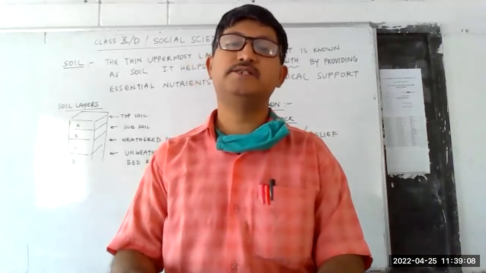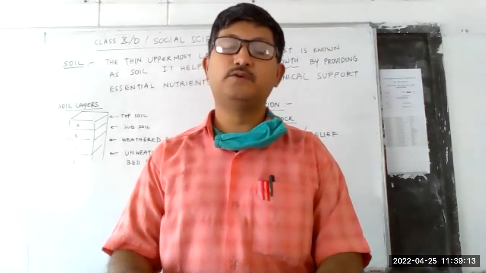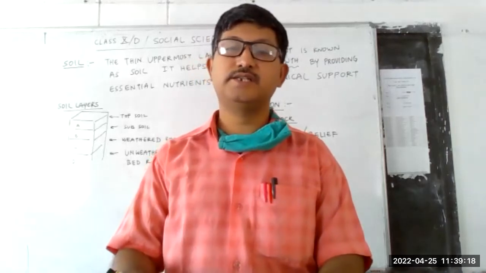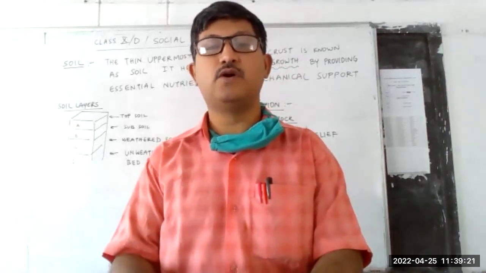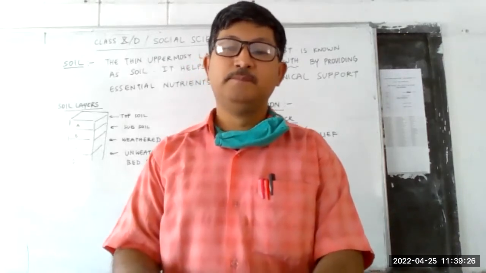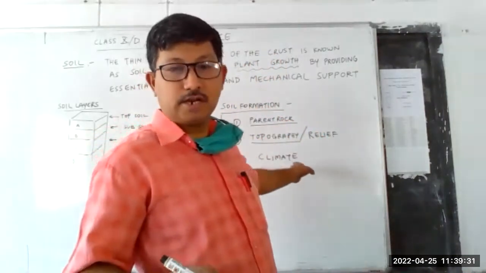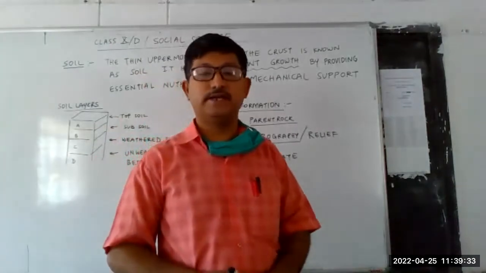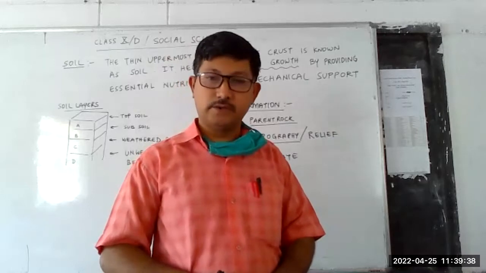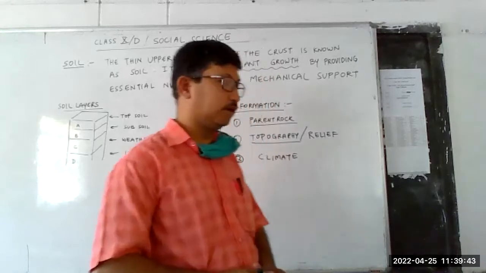Hence, soil formation is quite faster in the equatorial tropical areas as compared to temperate and polar areas, where there is not much difference in the weather conditions. Hence, the action of weathering is not so profound as we see in equatorial and tropical regions. So the soil formation is also affected by climate, which determines the rate of erosion and weathering, and hence the soil formation is faster in equatorial tropical areas as compared to the temperate and polar areas of the world.